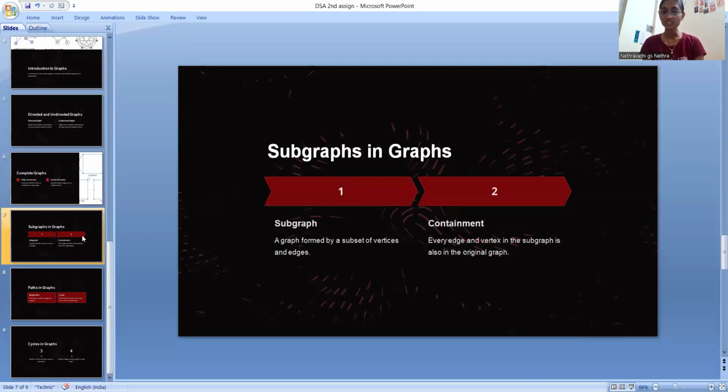And for subgraphs, we have two ideas: subgraph and containment. A subgraph is a graph formed by a subset of the vertices and edges. In containment, every edge and vertex in a subgraph is also in the original graph. This is containment.